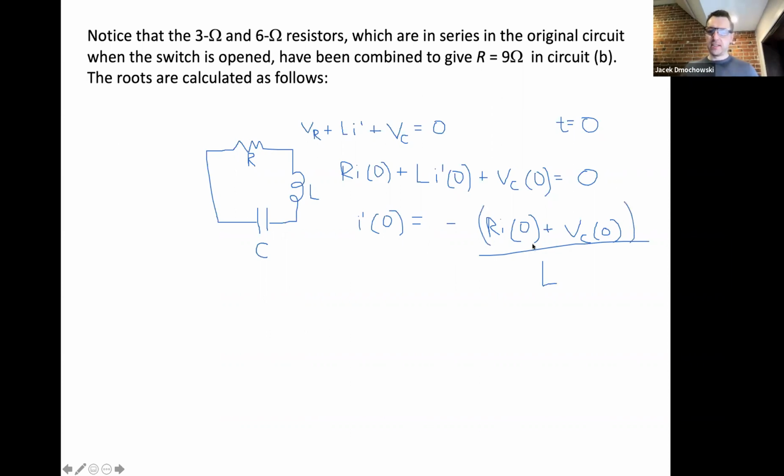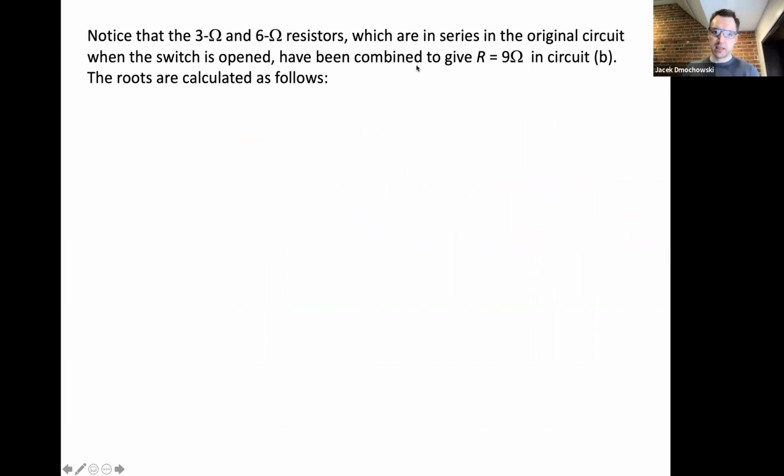Okay, and so what this equation is saying is that if I know the initial value of the current and I know the initial value of the capacitor voltage, I can use that to get the initial value of the derivative of I, which is really important because I can get the initial value of the derivative just by looking at the initial values of the inductor current and capacitor voltage. Okay, and so that's what I'm using over here.